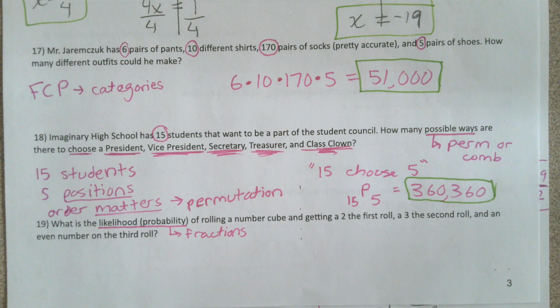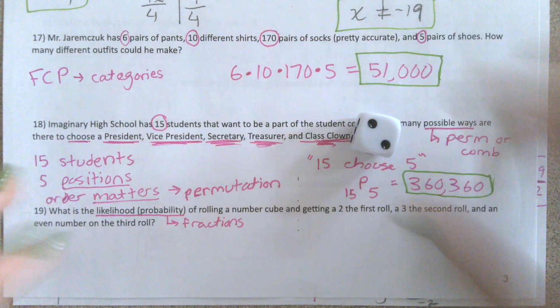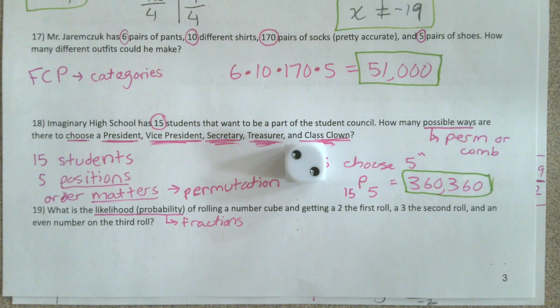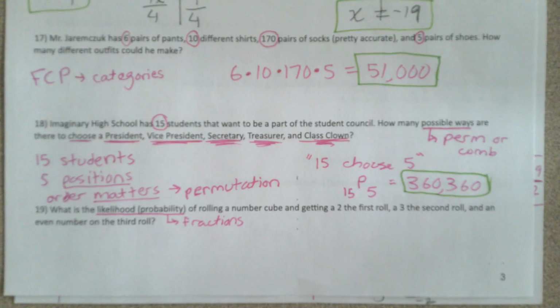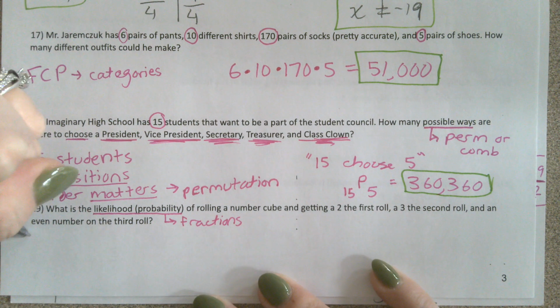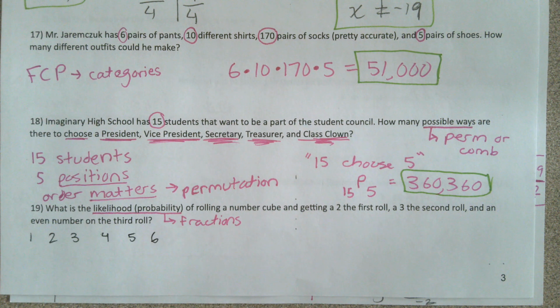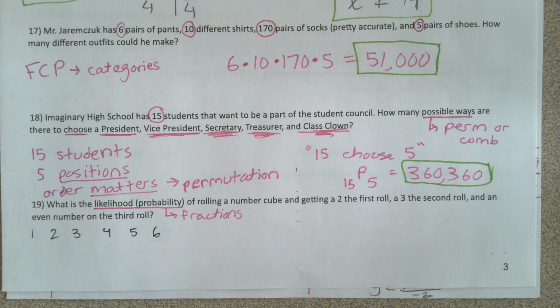We're talking about a number cube, which is a die, such as this one. I'm sure most of you have used one before at some point in your lives. It has 6 numbers, 1 through 6, all around the die. So your options are 1, 2, 3, 4, 5, 6. When you roll the die, you land on one number.